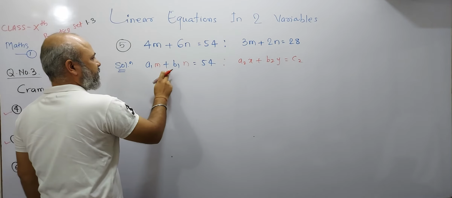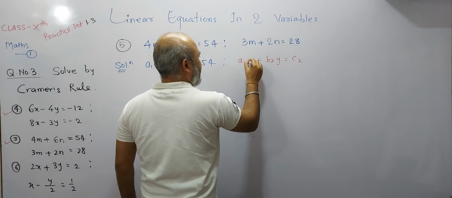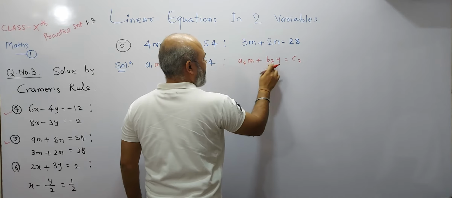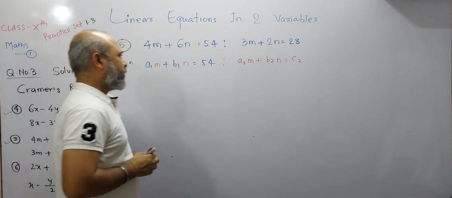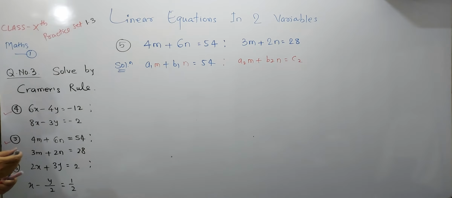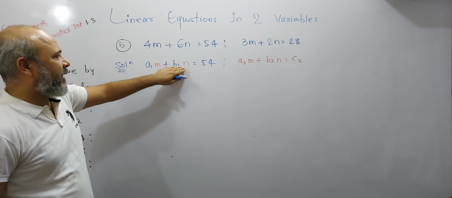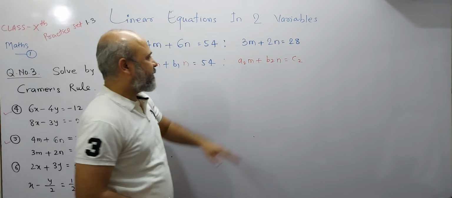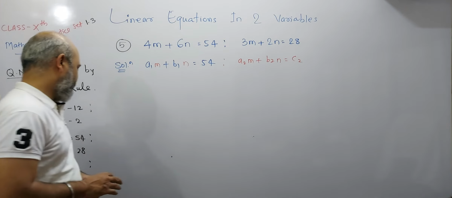So here the variables are m and n. Then we compare this equation with a1m plus b1n is equal to 54, and this equation with a2m plus b2n is equal to c2.